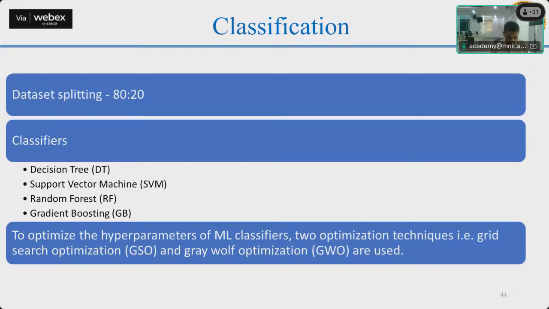Even some people use 70 to 30. You need to check which one is conducive, but normally we take 80-20 as a good one.